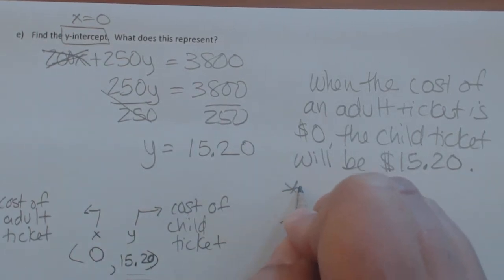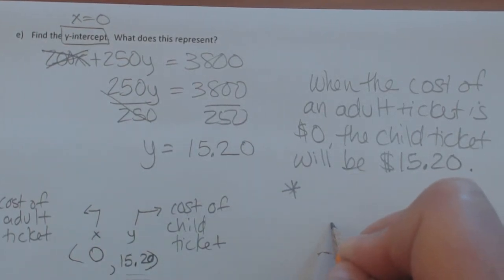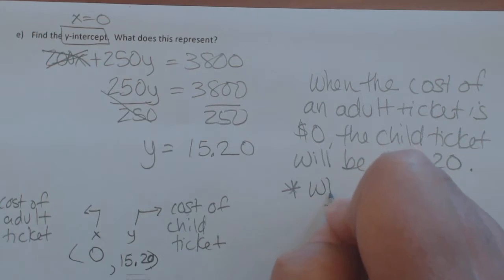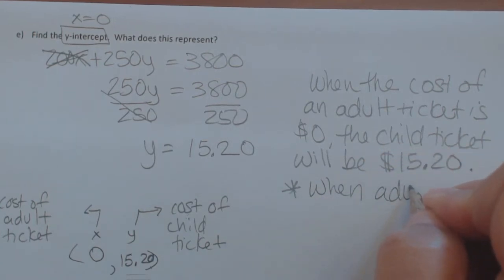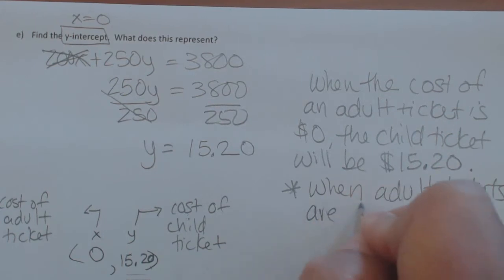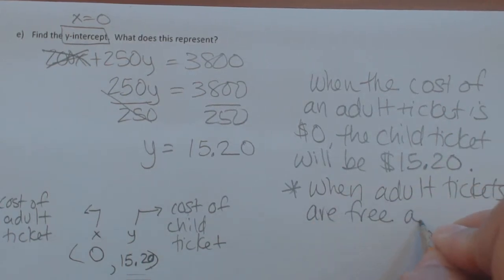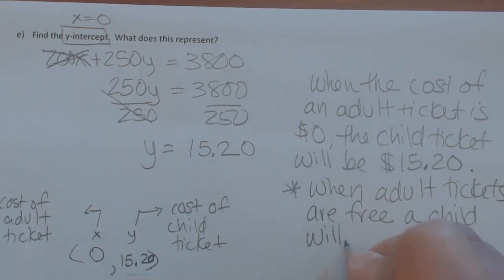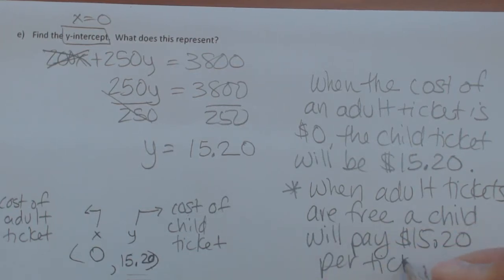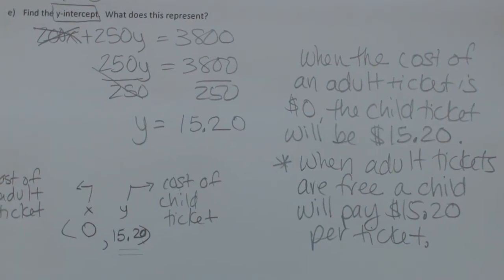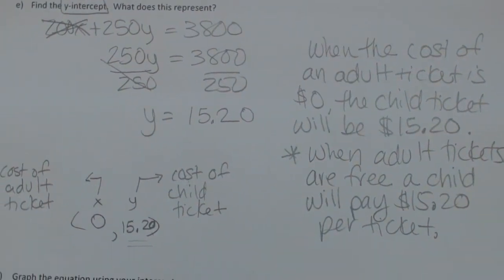Now again, taking it further, really interpreting what that means. It means when adults are free, when adult tickets are free, a child will pay $15.20 per ticket. There we go. So that is part E.